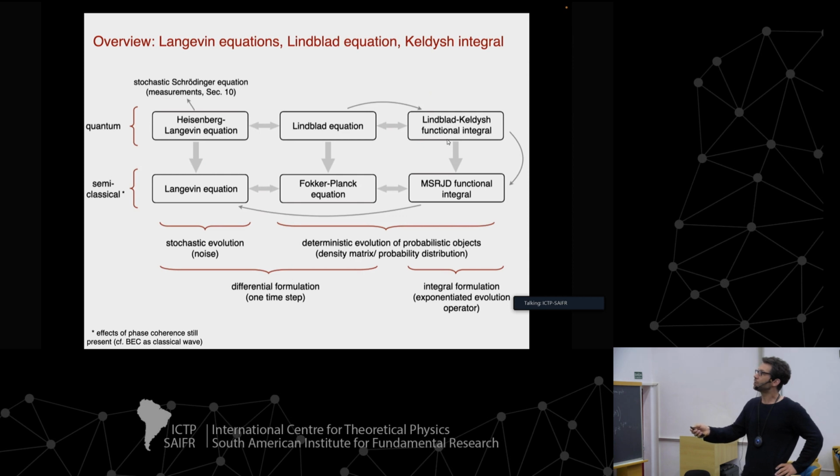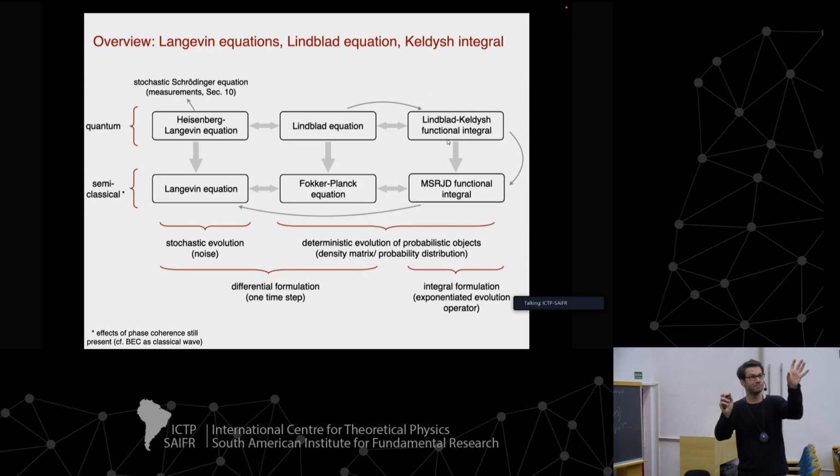And then what we just did was to map this Lindblad-Keldysh functional integral, in a semi-classical limit, close to a critical point, which is when this physics occurs, into this complicated Martin-Siggia-Rose functional integral object. For this object, we just showed that it can be related to Langevin equations in this way.